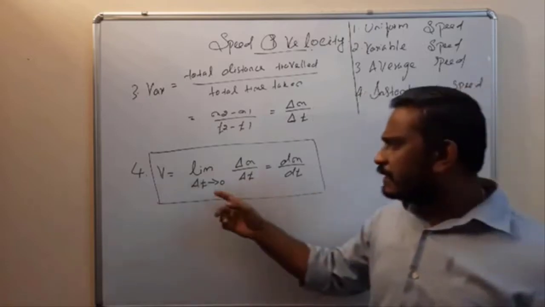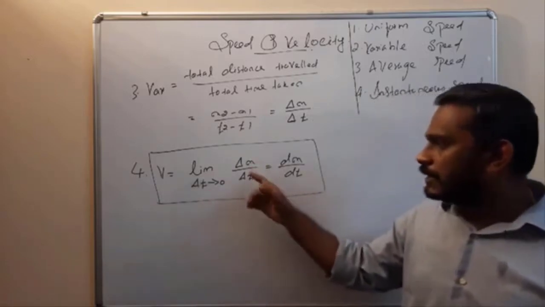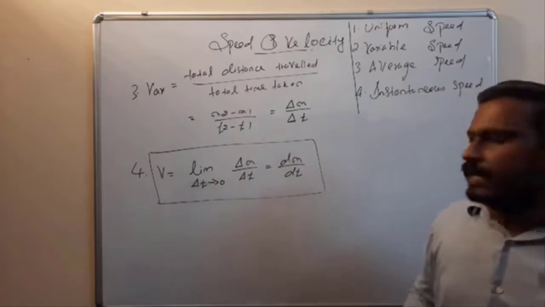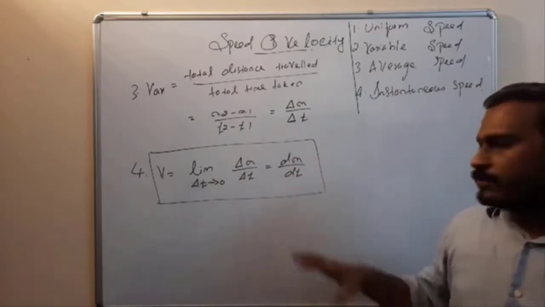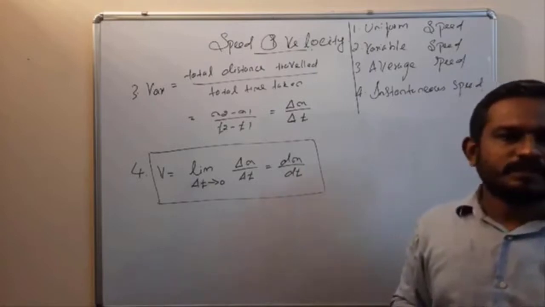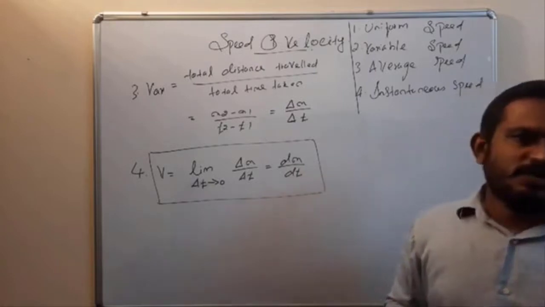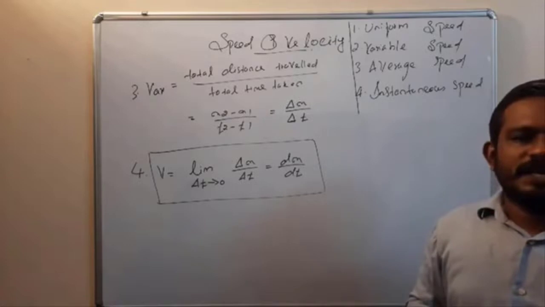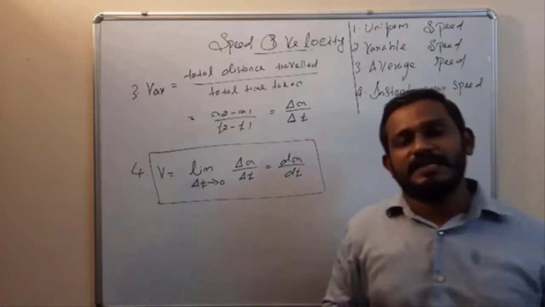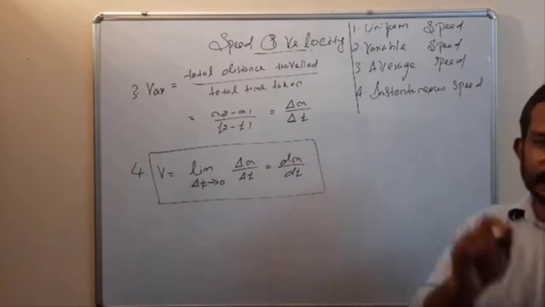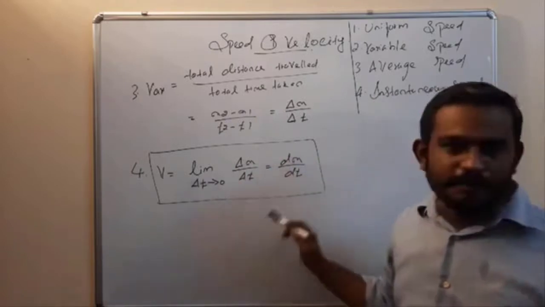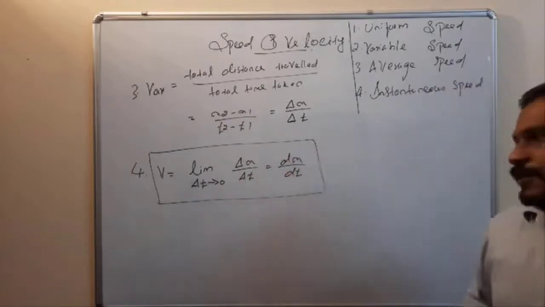So why delta t tends to 0, how delta x by delta t is equal to dx by dt? If you are not thorough with this topic, see the video Physics 2020, mathematical support for physics, differentiation part 1. I clearly explained these items in that video.